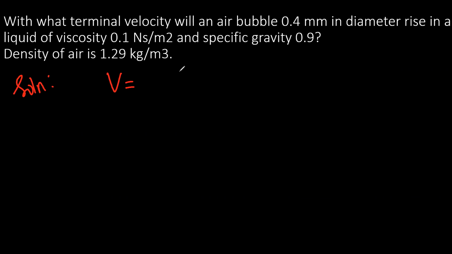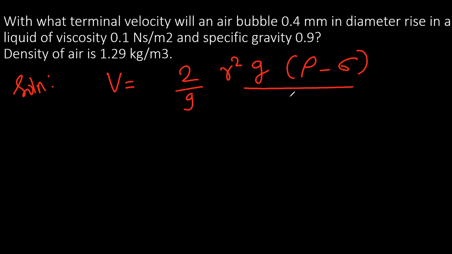V is equal to 2 by 9. Okay, formula याद करना. 2 by 9. It's not a G. 2 by 9 r square g, okay, this is g, rho minus sigma divided by this eta. So what will do? You put the value 2 by 9. So r square is 10 raised to minus 4, so 10 raised to minus 8. g is 9.8.